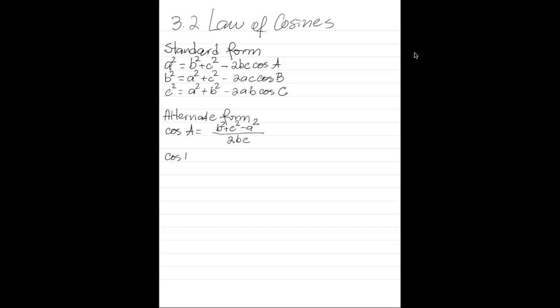And cosine of angle B is a squared plus c squared minus b squared over 2ac. And finally, cosine of angle C is a squared plus b squared minus c squared over 2ab.